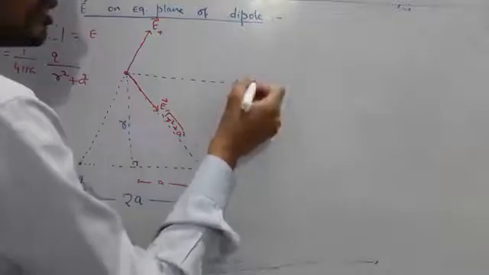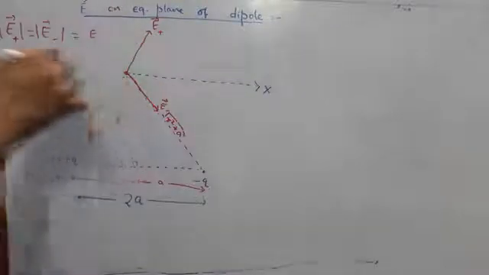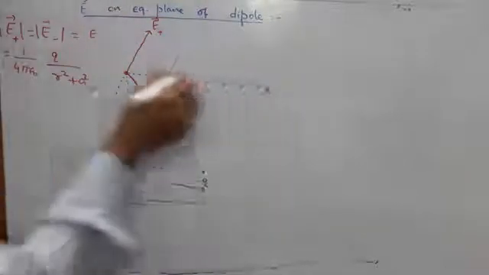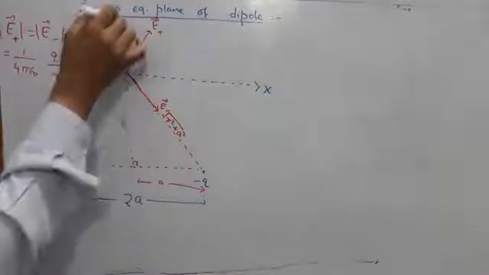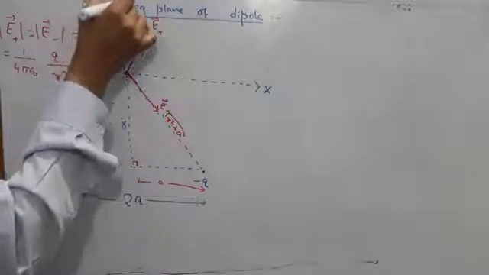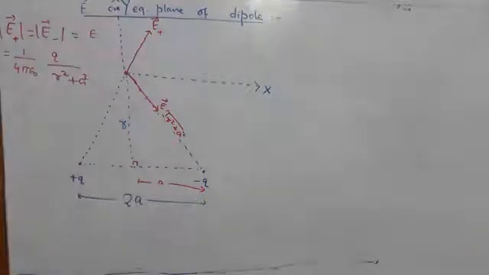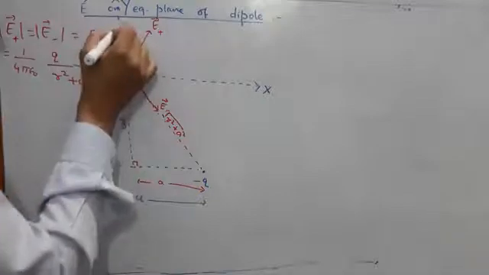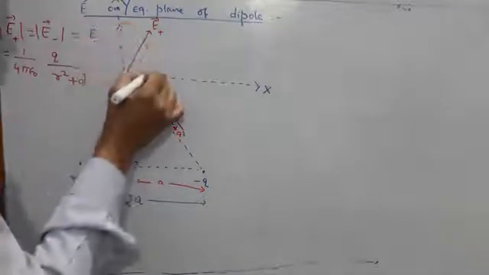So this we will choose as x-axis, and the line which is perpendicular to this, that is the perpendicular bisector itself, we will choose it as y-axis. Let us quickly resolve. So E plus can be resolved, one in this direction, one in this direction.